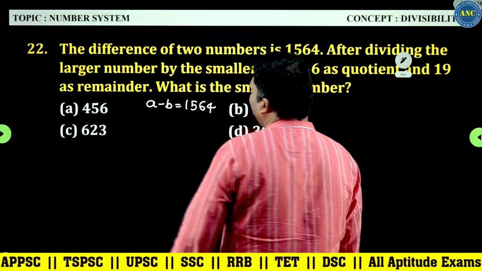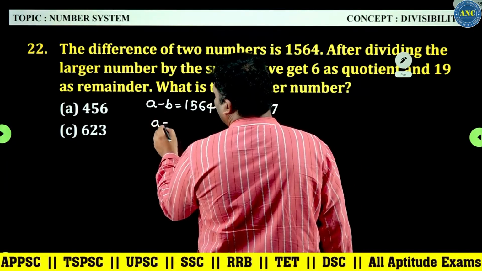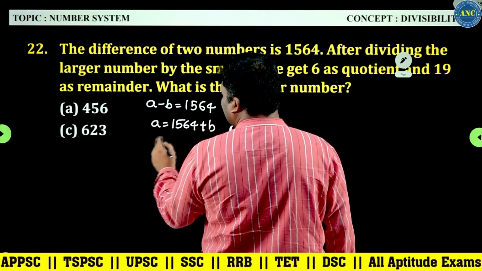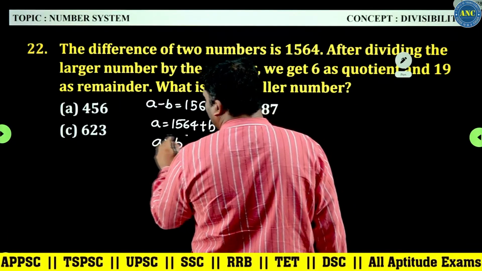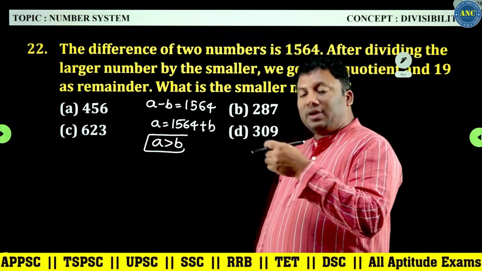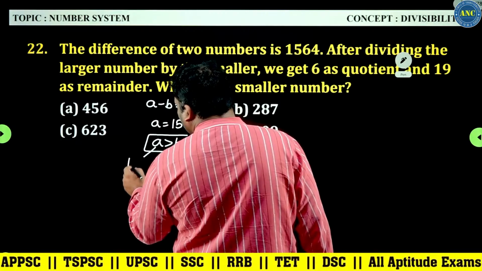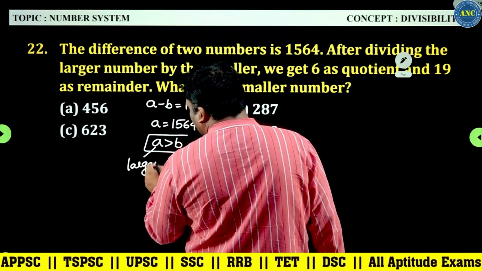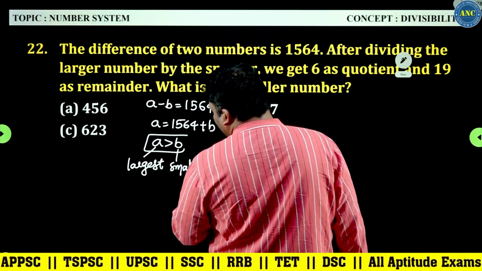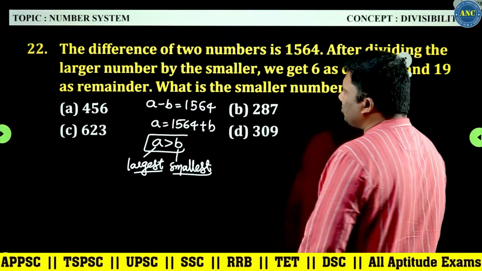So A will become 1564 plus B. To B I am adding 1564, that means A is greater than B. A is the largest, and B will be the smallest. Are you all with me?